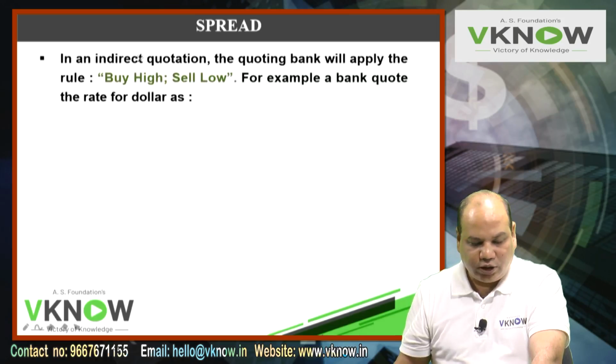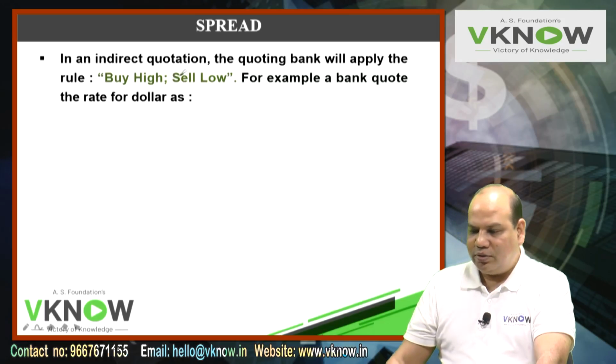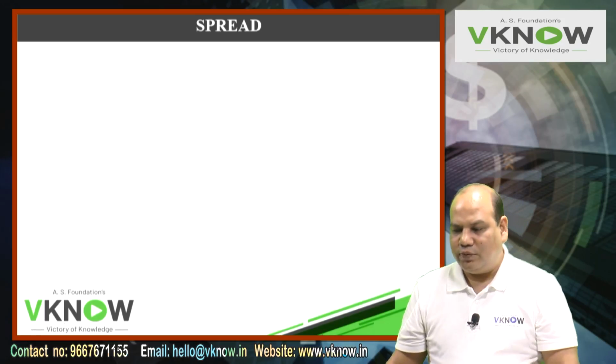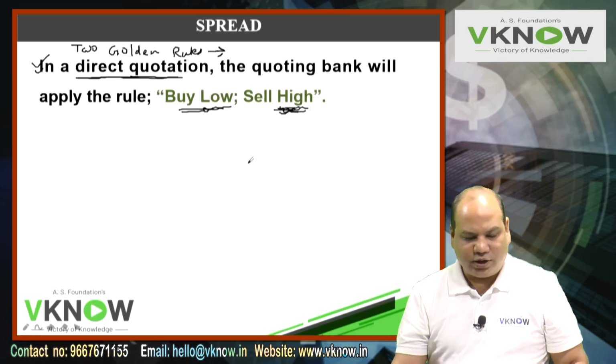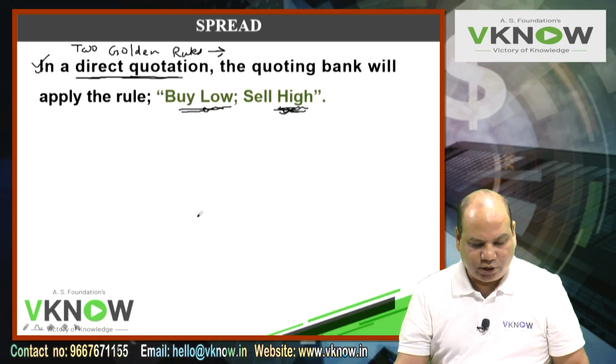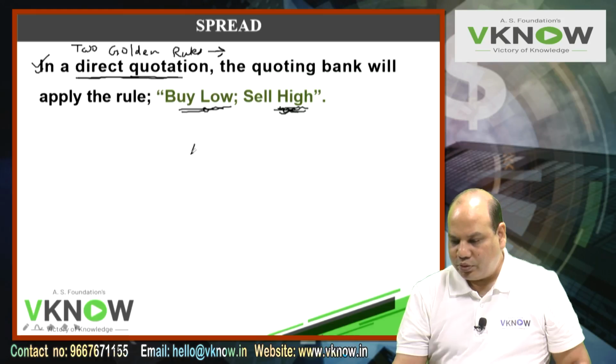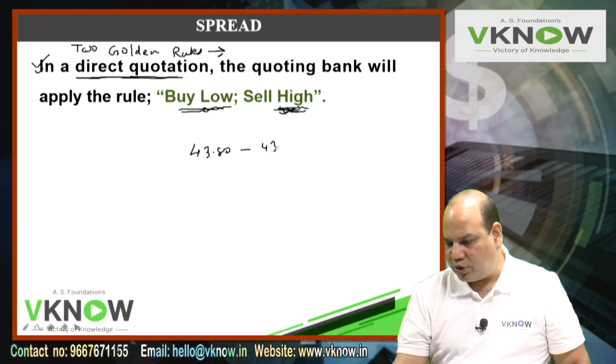But in case of indirect quotation, the rule is buy high, sell low. Now for direct quotation, understanding is easy. One example is also printed in your book. 43.80, 43.90. So bank will buy at this rate, sell at this rate.